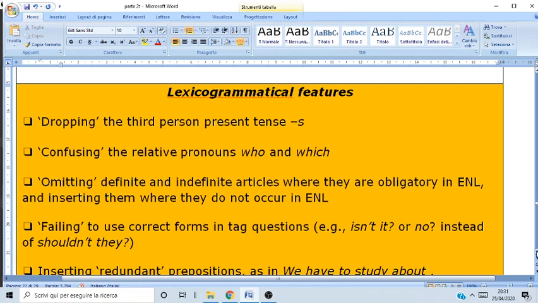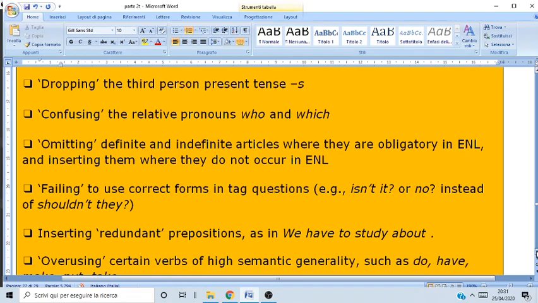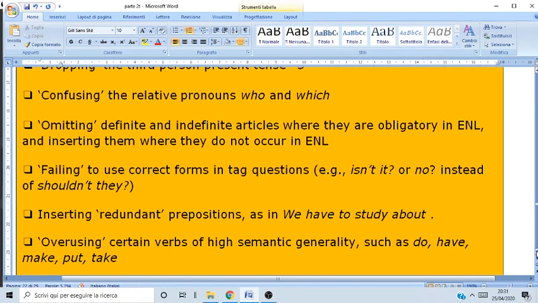Something else that can happen is an incorrect use, from an inner circle English point of view, of the difference between who and which. And also between what and which. Something else that can happen is the omission of definite and indefinite articles, where you're supposed to put them in English as a native language.